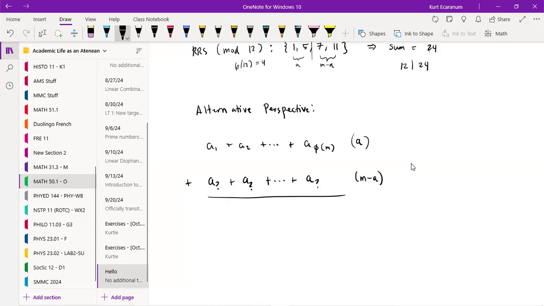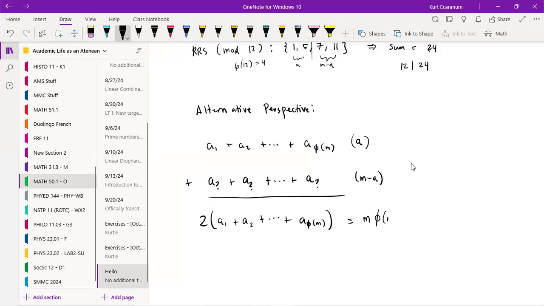But this is just in some ordering lang ng set, kasi we can just tell lang na this would be a phi of M, which is equals to kaya nga lahat ng A tapos M minus A counterparts pag pinag-add mo yun magiging M. But then nag-add tayo ng phi of M terms.